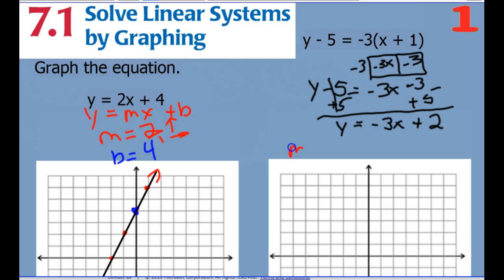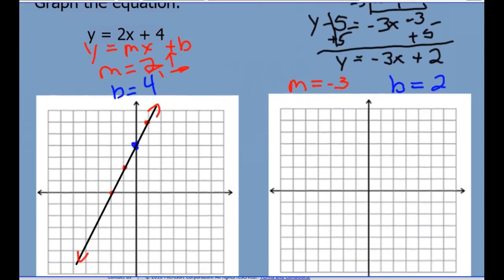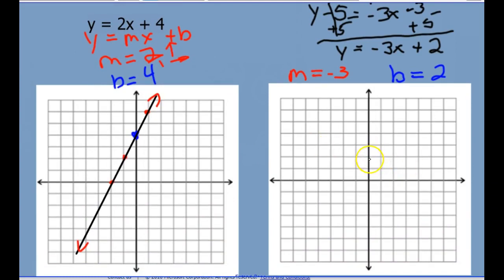That means our m, or our slope, is negative 3. And our b, or our y-intercept, is 2. So what we're going to do is begin at our y-intercept, and our y-intercept is 2. So we're going to begin right there. Then our slope is negative, so we're going to go down 3 and over to the right 1.